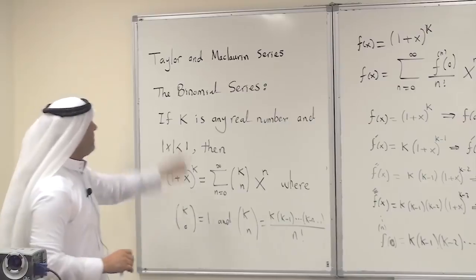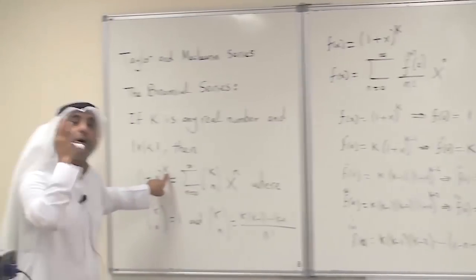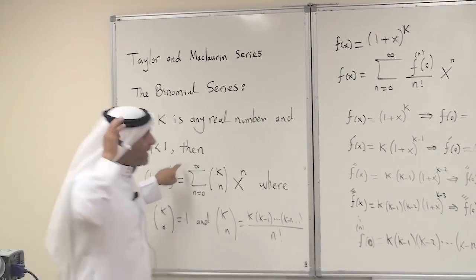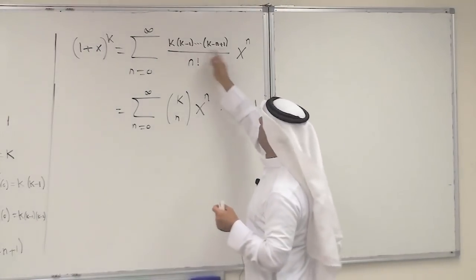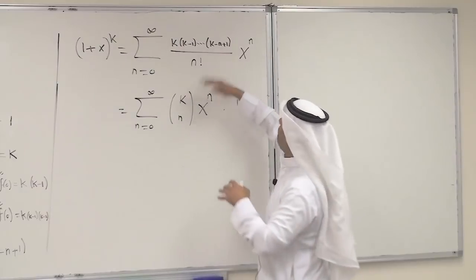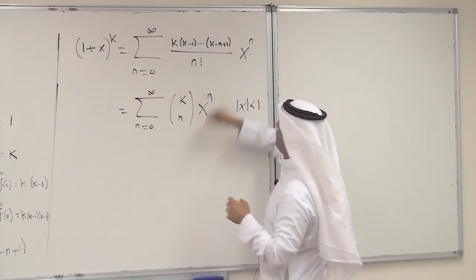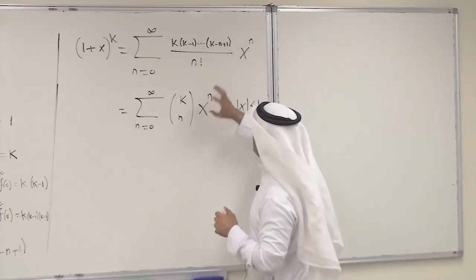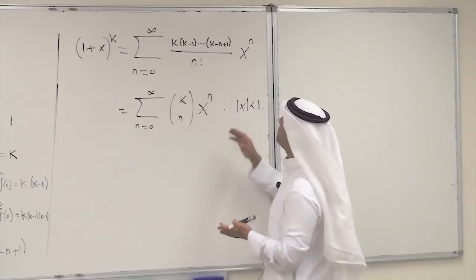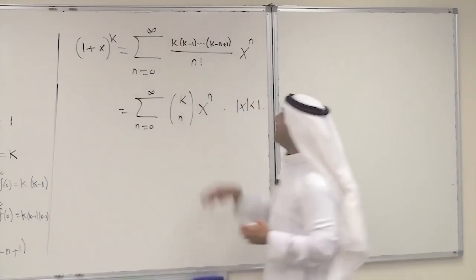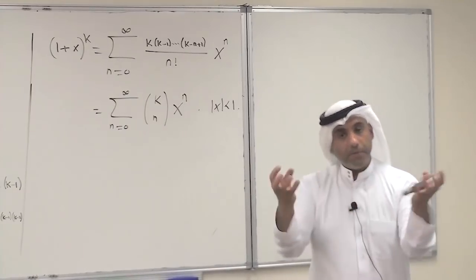Imagine now, if this k specifically is a positive integer. At one step in the calculation, the difference is 0. Starting from one coefficient, everything will be 0. So this infinite series will degenerate to a polynomial.